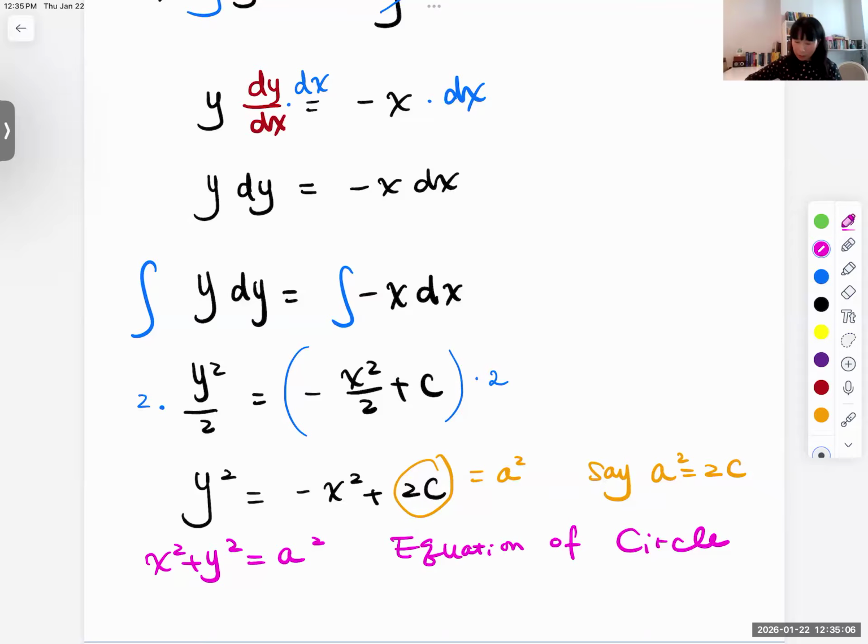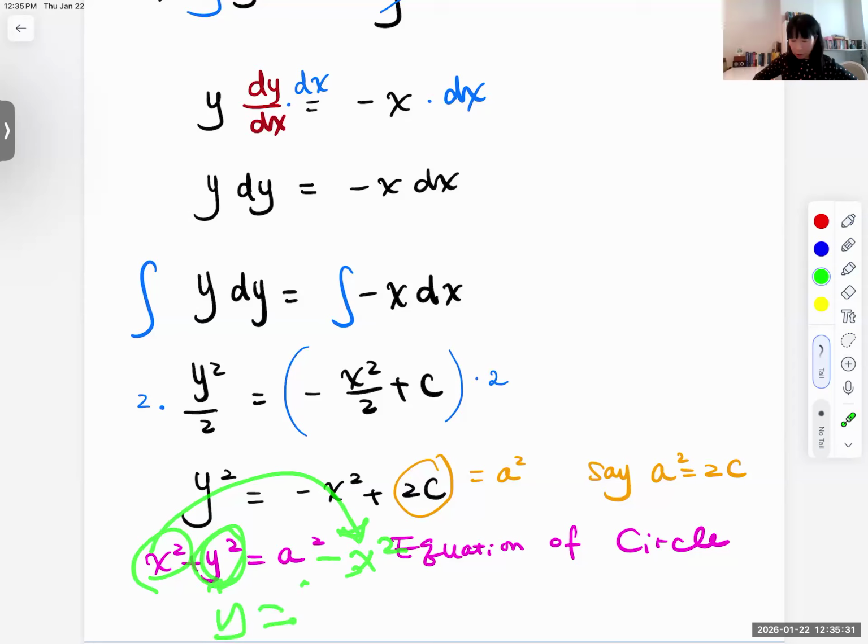Okay, now we solve for y. So solve for y again, then move back, that's negative x squared, right? Then a squared minus x squared, and we have y squared. So y equal to, take the square root, plus minus, right?